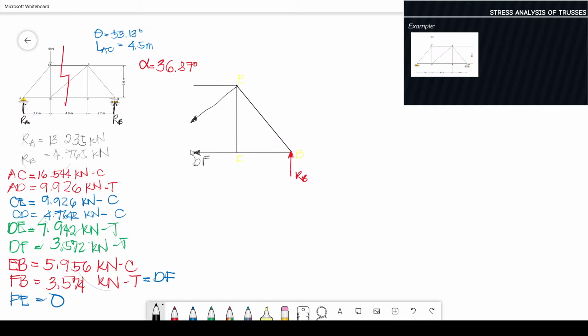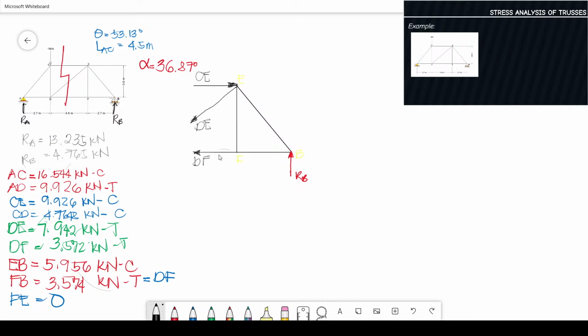Then this one is compression, so that at least there is something to oppose. So, tension. Then this one on the right, and this on the left, is tension. This is DE, and this is CE.